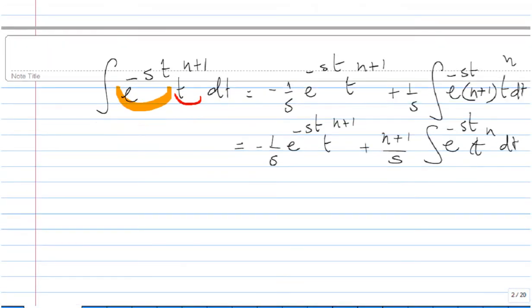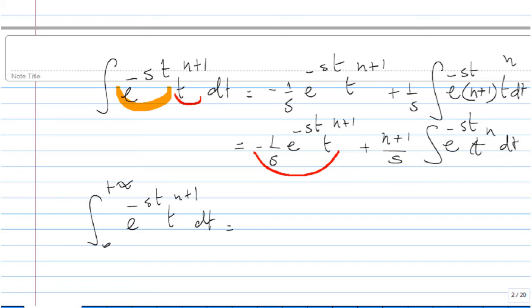Now if I go from 0 to a and look at the limit, using the fact that the limit of e^(-sa) a^(n+1) goes to 0, by using L'Hopital's rule for example, we get that the integral from 0 to plus infinity of e^(-st) t^(n+1) dt equals: this term gives us 0 at 0, and when a goes to infinity, it goes to 0.